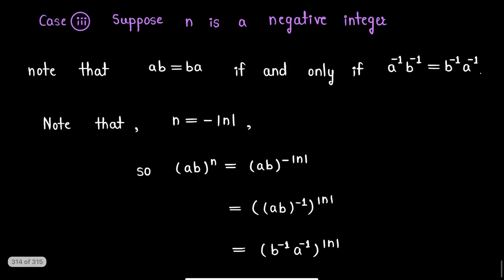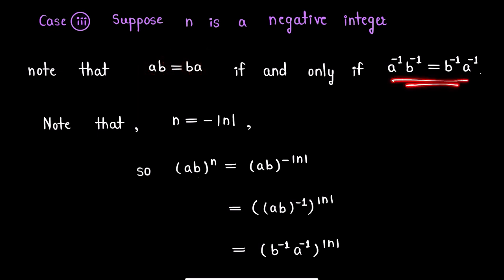Now our last case will be n is a negative integer. Note that ab equals ba will imply, and is implied by, a inverse b inverse equals b inverse a inverse, by just taking inverses on both sides of this expression.